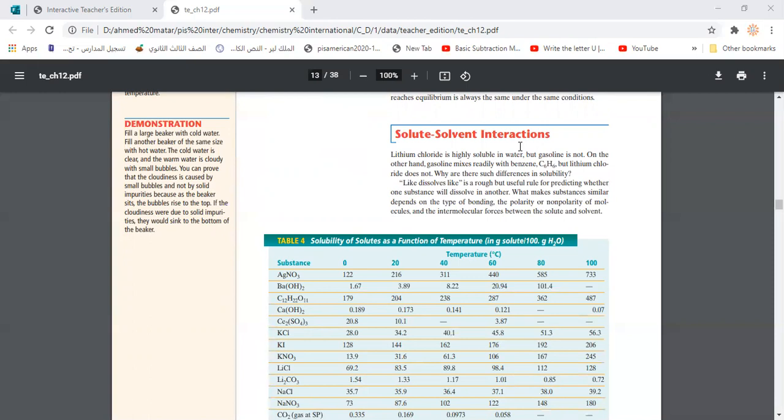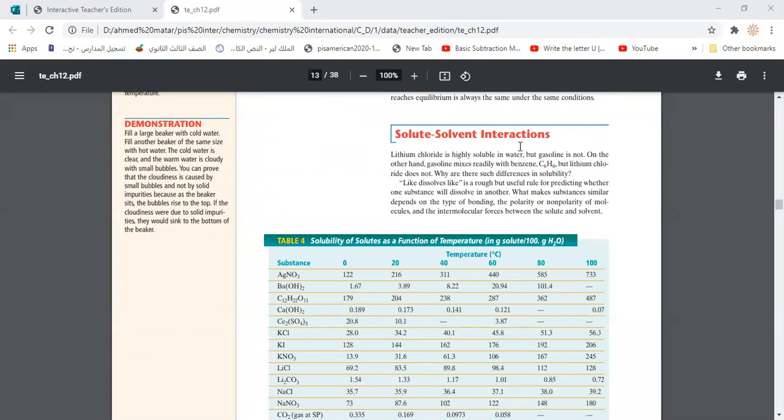On the other hand, could you dissolve oil in, for example, ether, or in toluene? Yes, but it cannot dissolve in water. So some solids can dissolve in certain solvents, not all solids in all solvents, and vice versa.